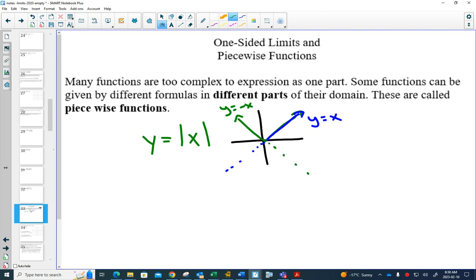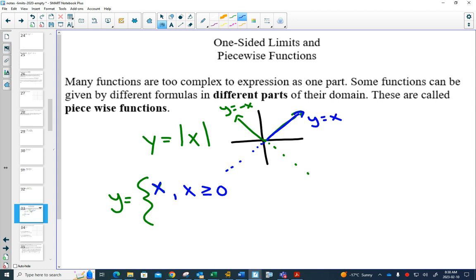So the way that we write a piecewise function, and the absolute value of x could be written this way, is we break it up and say, well, y could equal sometimes x, that's the blue one, maybe I'll write that in blue, but only when x is bigger than or equal to 0.